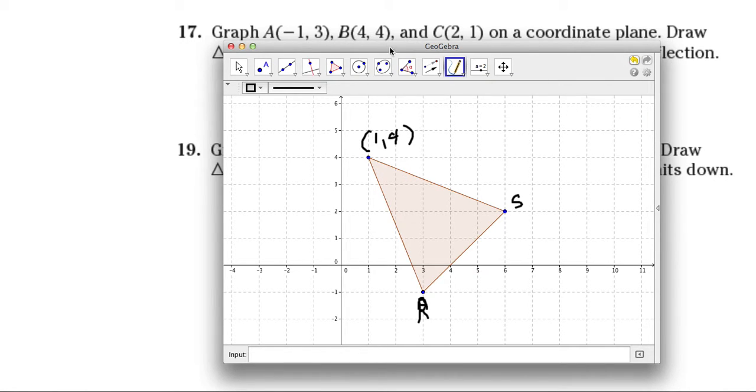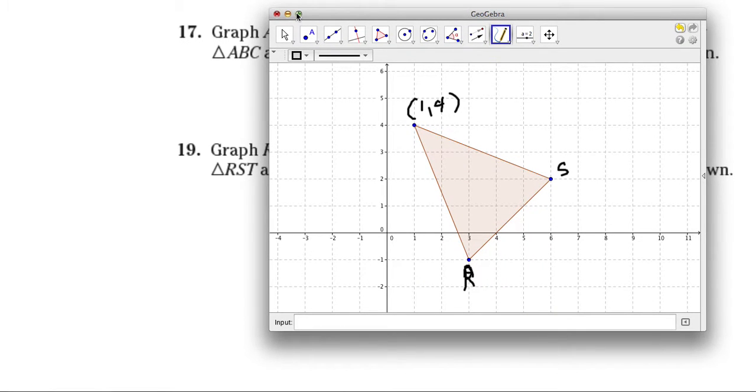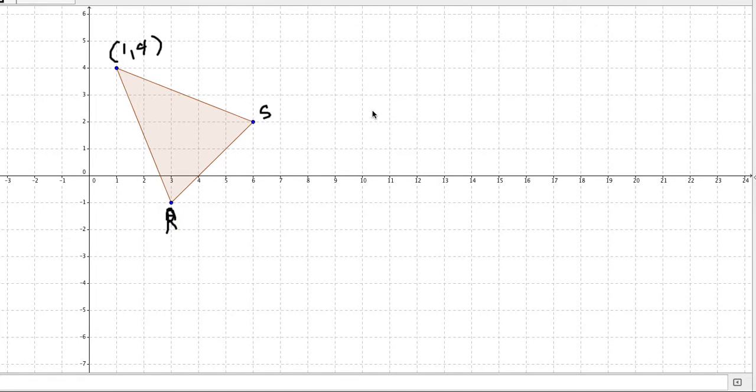So it's saying we want to translate it 5 units to the left and 4 units down. Remember at the beginning of the lesson, when we say 5 units to the left, it means -5, and 4 units down means -4.